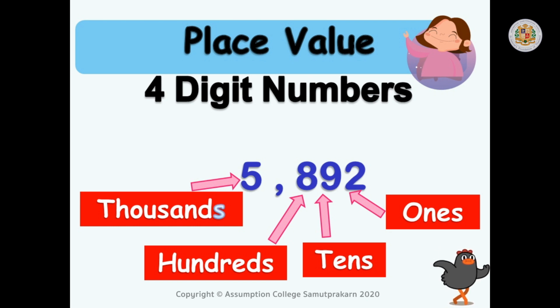And digit 5 is 5,000. Please remember to separate between thousands and hundreds. We will use a comma.